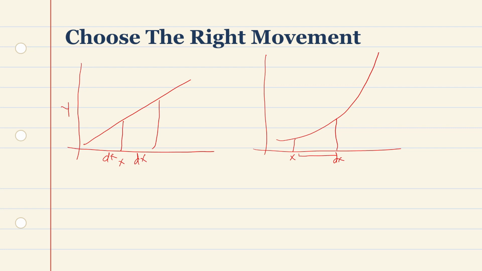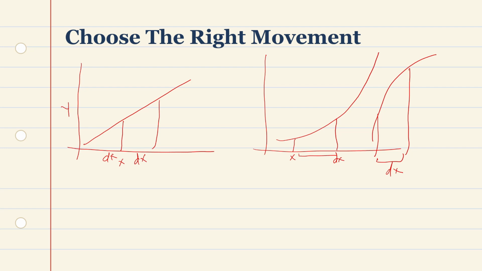There are multiple examples that you can use. Here we have taken exponential growth. You can take logarithmic growth. The same thing will happen if we make a big movement. If we take a big dx, we are not going to capture the correct behavior of the system. So the right movement depends on the type of system you are trying to understand.